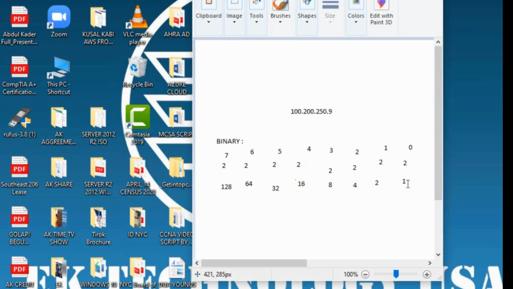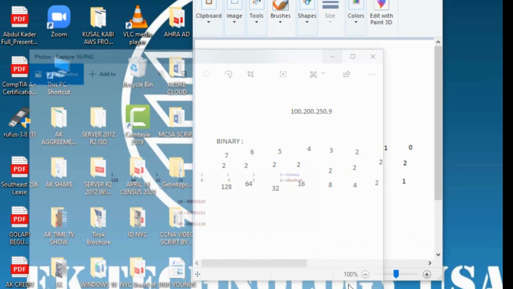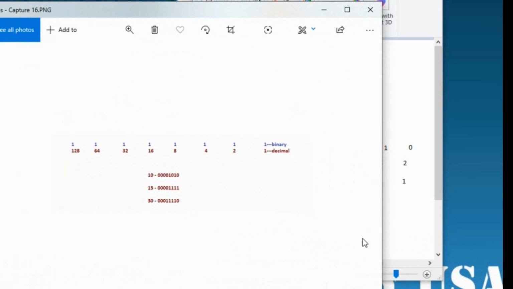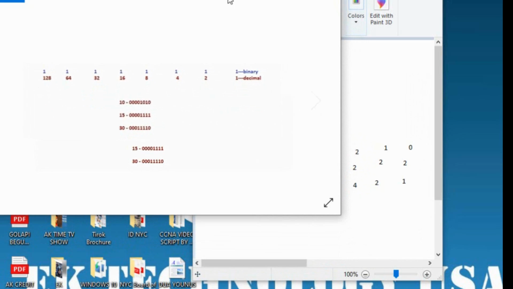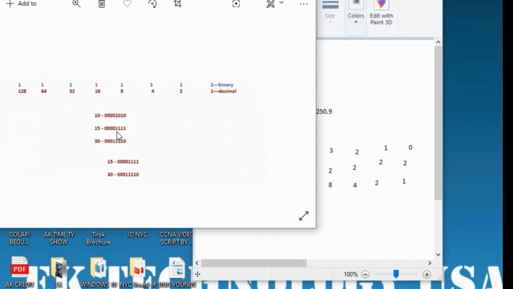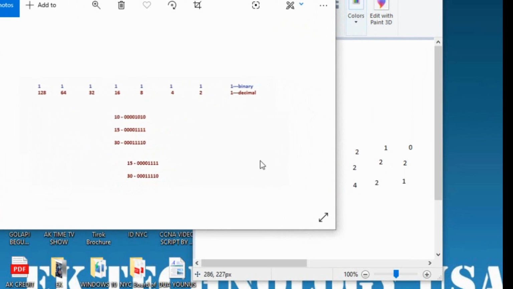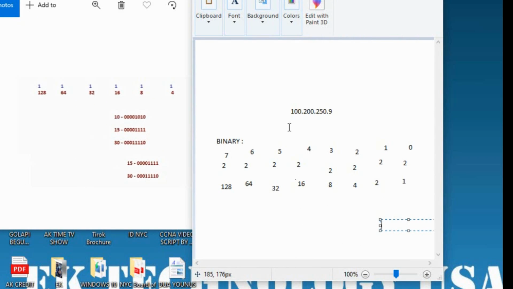Now I'm going to explain, as you can see, how I worked with 100, 200, 250 and 1 in my own lab. Let's work with 100.